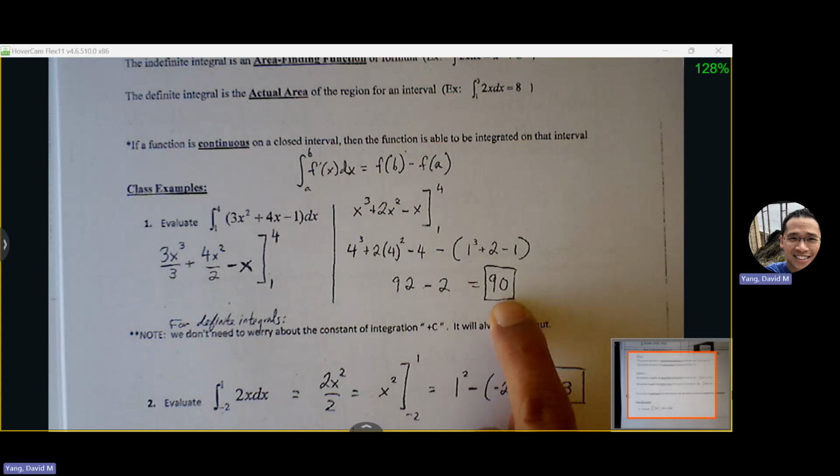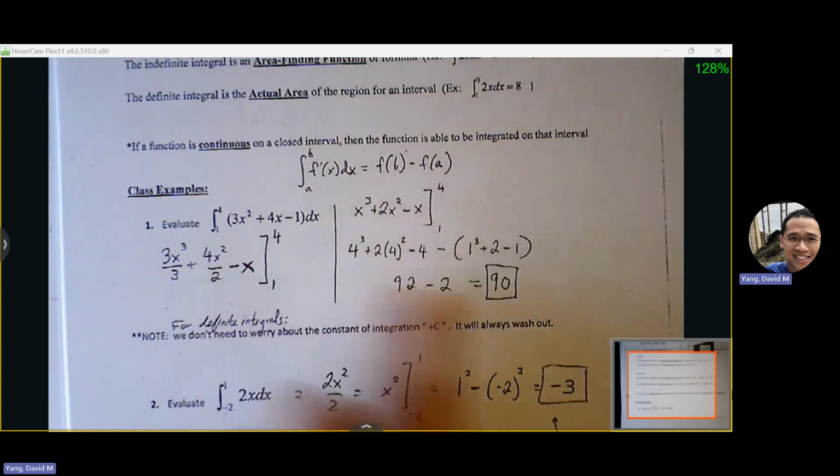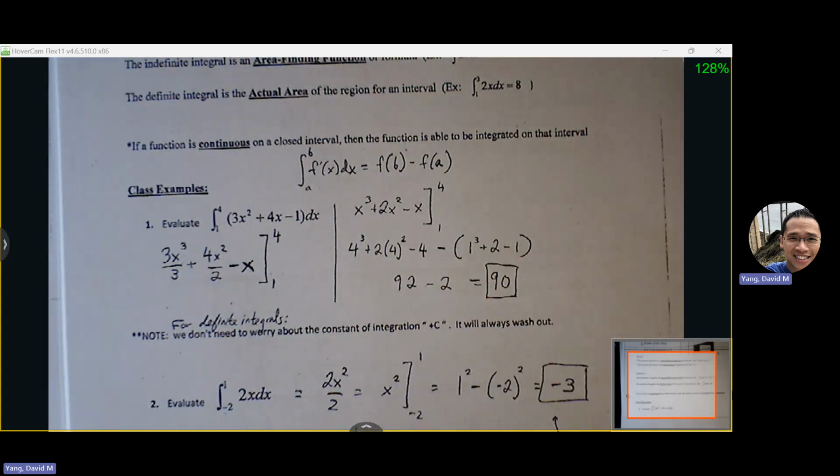I'm going to keep saying area-related because if the region is below the x-axis, then we may get a negative number. But for the large part here, we're just going to call this area, though technically it's displacement. If everything is above the x-axis, then this would give us the exact area of that region below the curve and between 1 and 4.